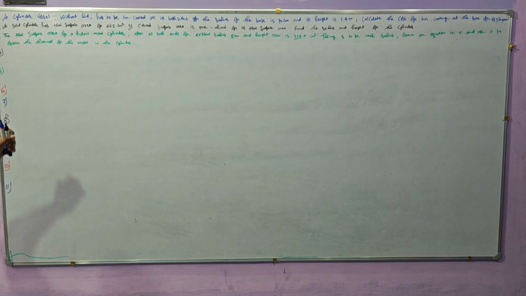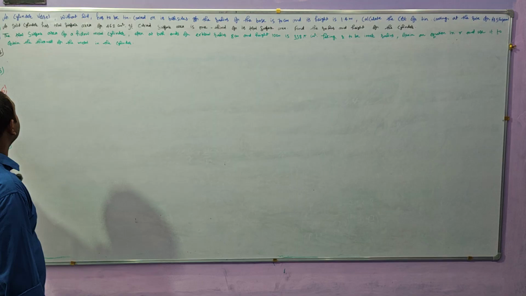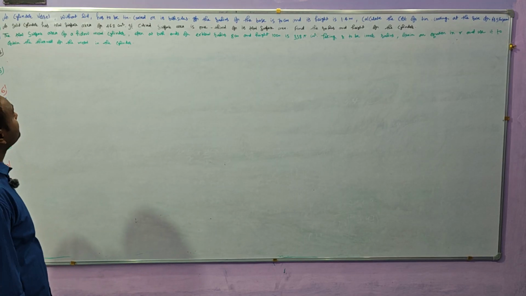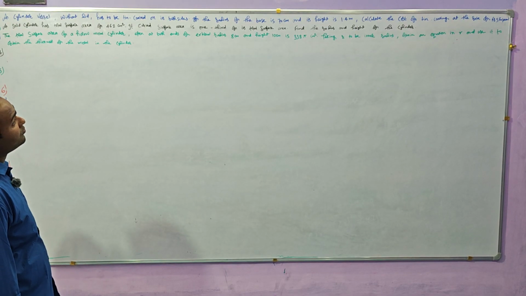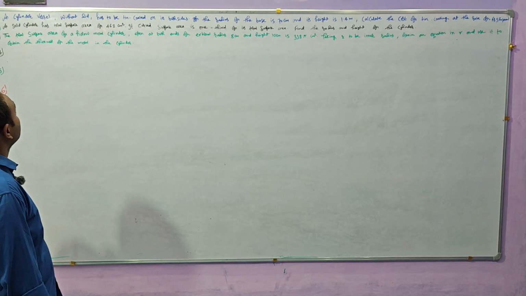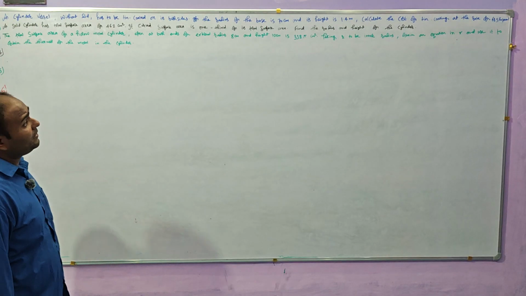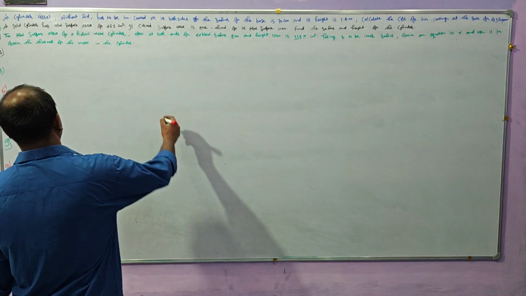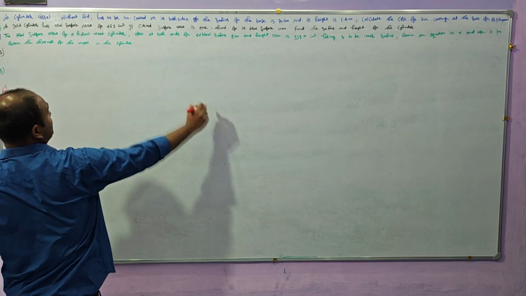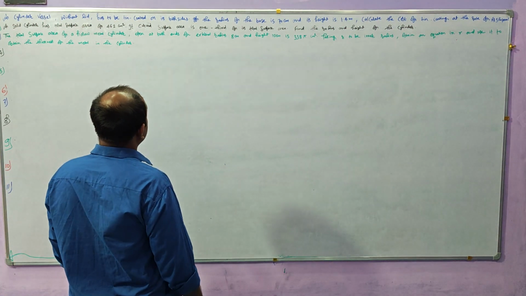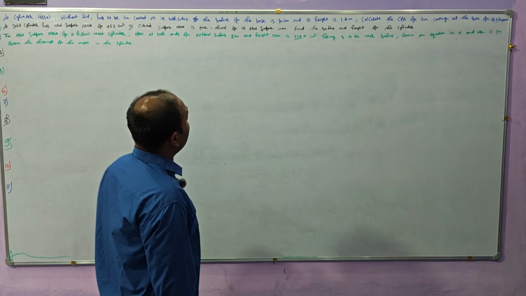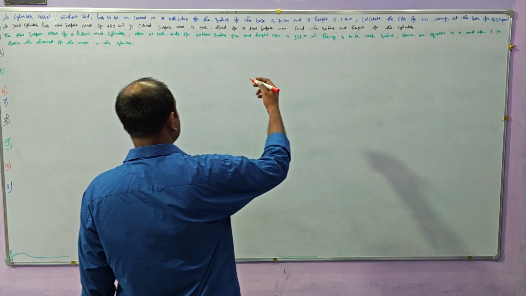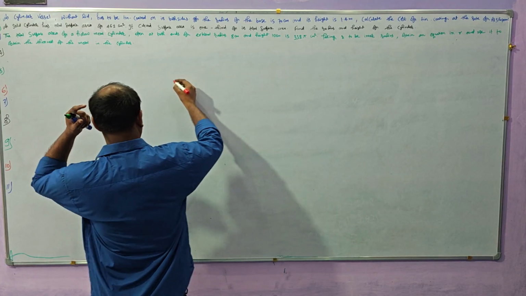So total surface area of a hollow metal cylinder open at both ends of external radius 8 centimeter and height 10 centimeter is 338 pi centimeter square.